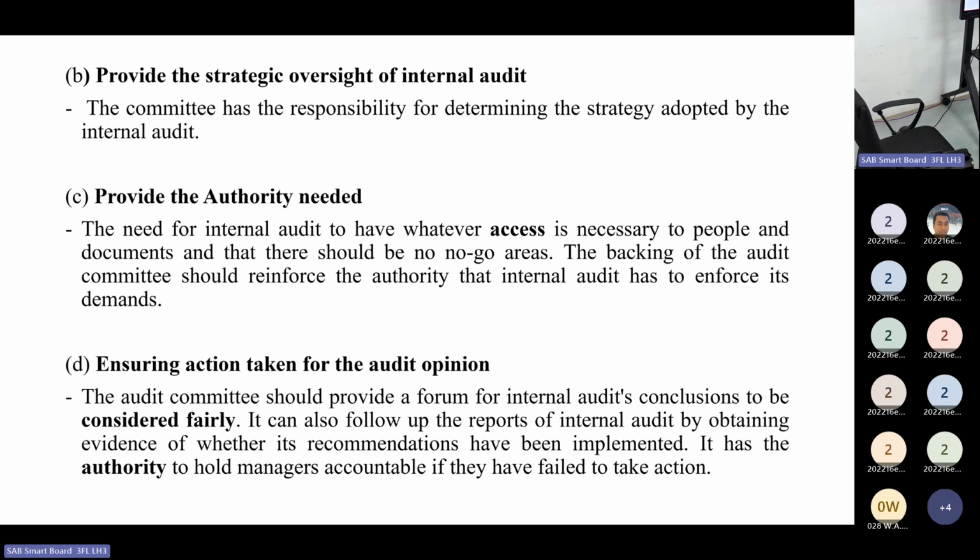It has the authority to hold managers accountable if they have failed to take action. Right? So if the managers have not done what is recommended by internal audit to correct certain things, then the audit committee can take action. So because of these reasons, this reporting relationship between internal audit and the audit committee is needed.